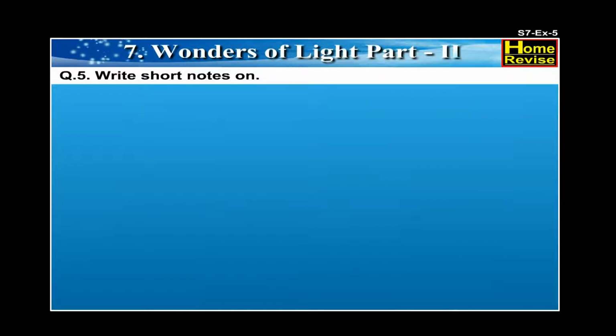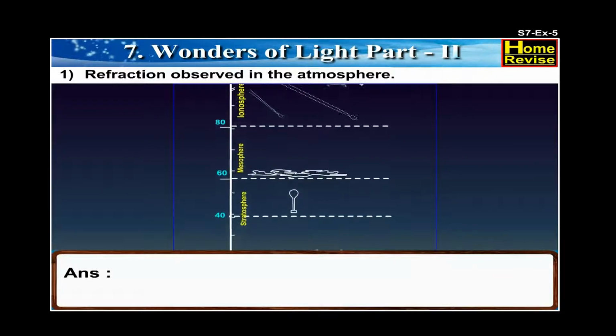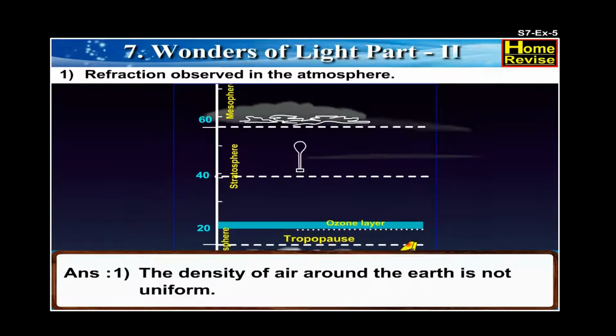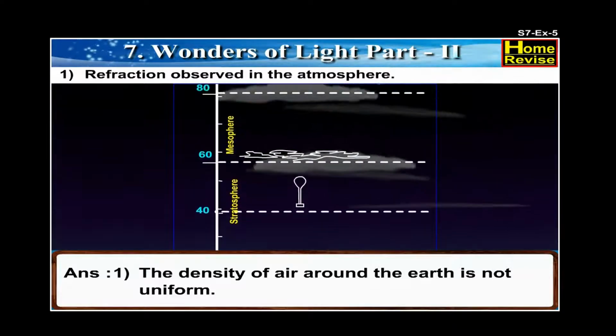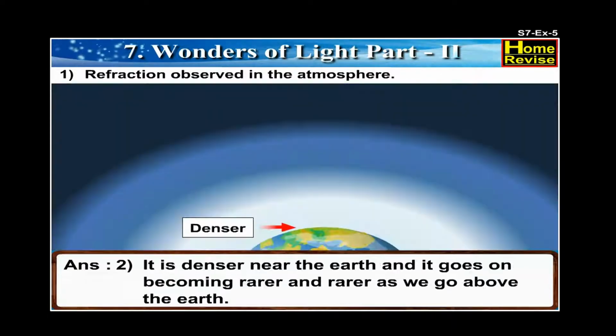Question 5. Write short notes on: First, refraction observed in the atmosphere. Answer. 1. The density of air around the Earth is not uniform. 2.